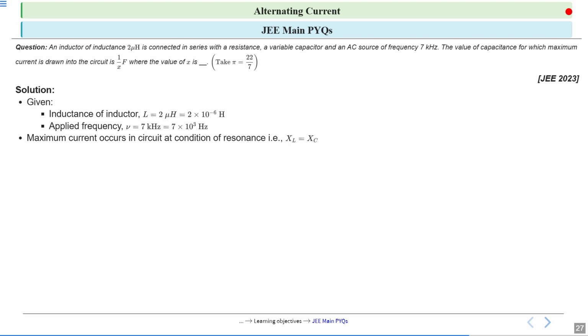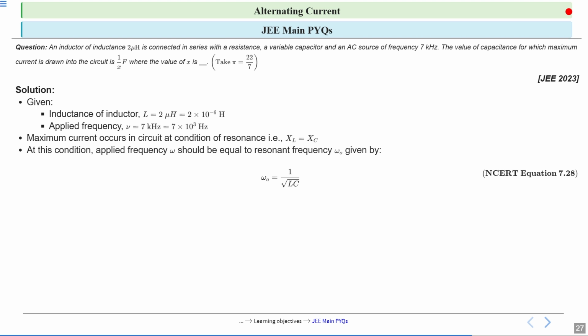At this condition, the applied frequency omega should be equal to the resonant frequency omega naught. Comparing XL equal to XC, omega naught L equals 1 by omega naught C, and from there omega naught equals 1 by root LC, according to NCERT equation 7.28.